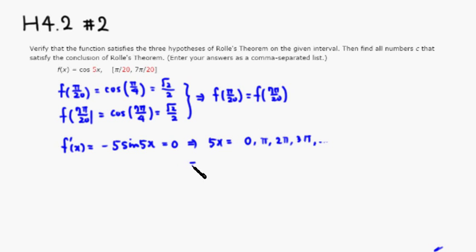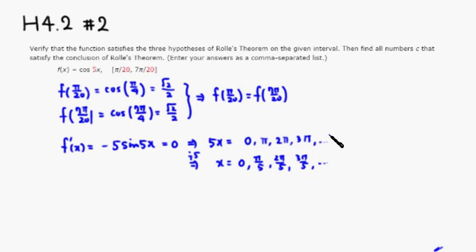So if you divide through by 5, x is going to be 0, pi over 5, 2 pi over 5, 3 pi over 5, and so on.